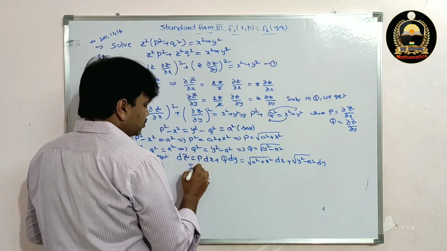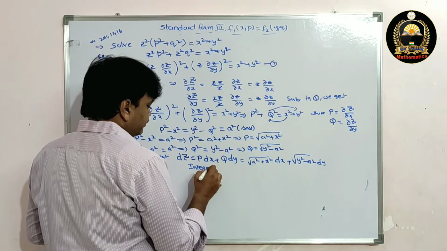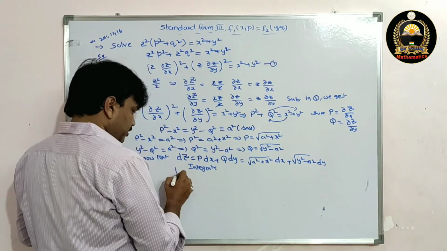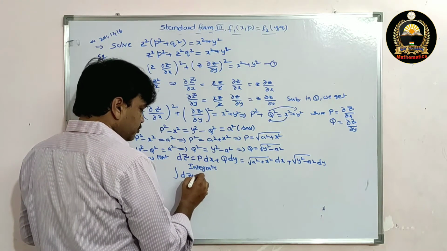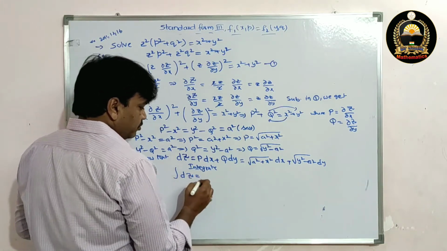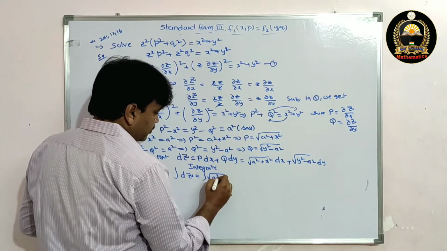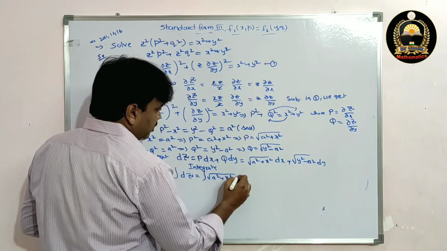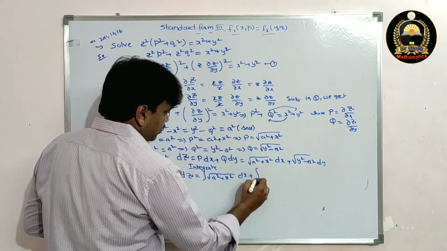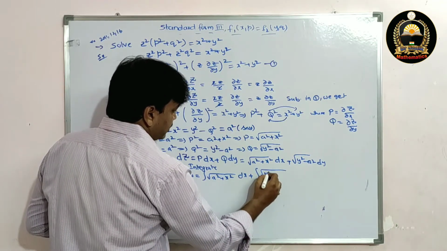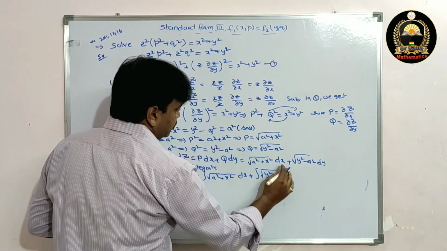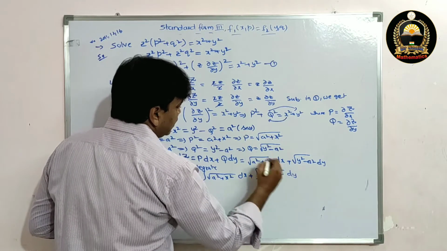Simply integrate, students, integral of d capital Z. What, students? Capital Z, don't forget. Integral of square root of a square plus x square into dx plus integral of square root of y square minus a square into dy.